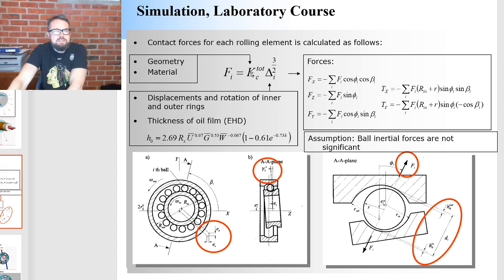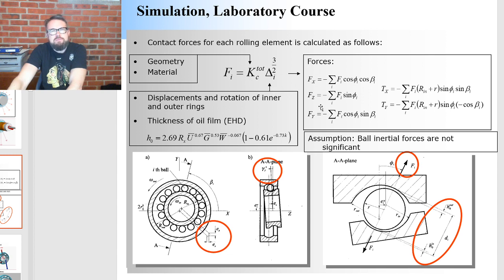So again, stiffness comes a little bit from the geometry but mainly from the material, and n is computed based on how the bearing itself behaves.